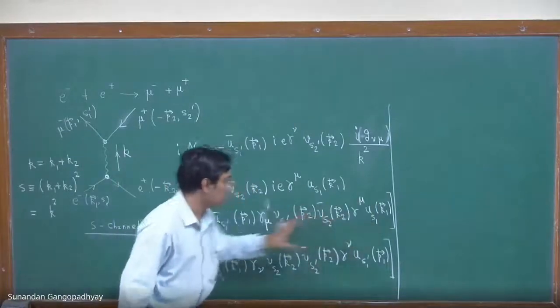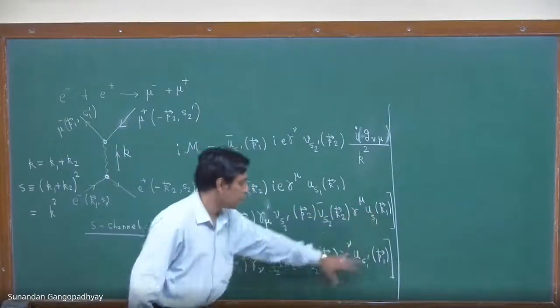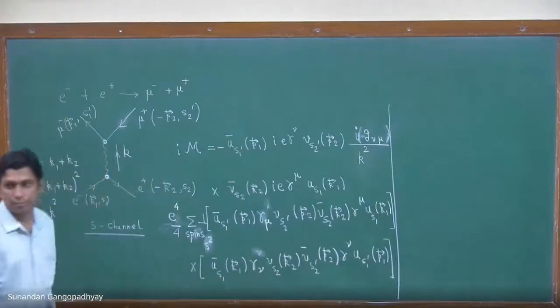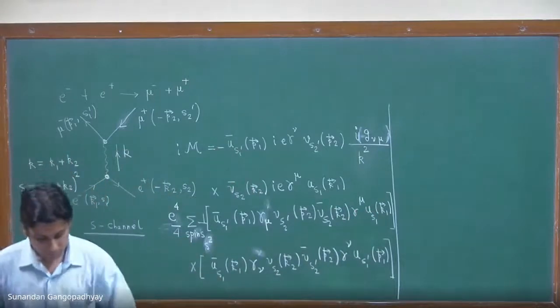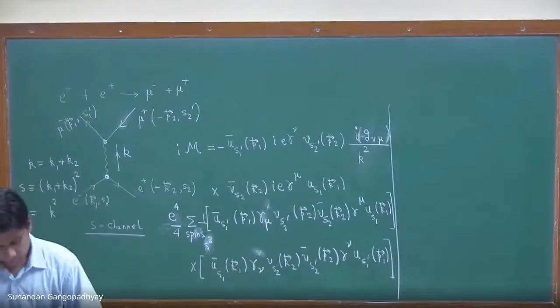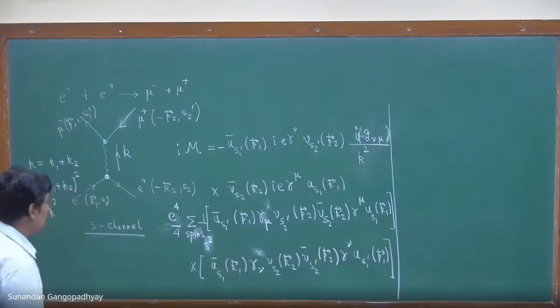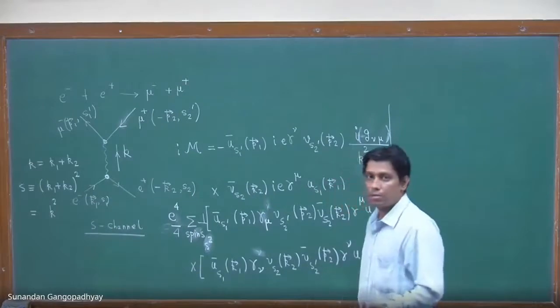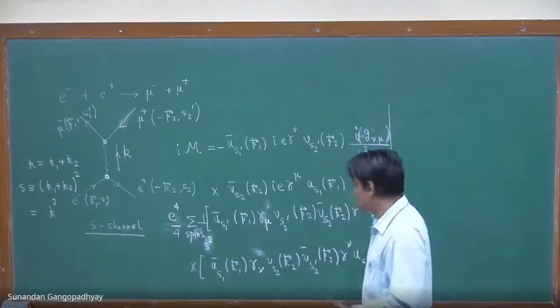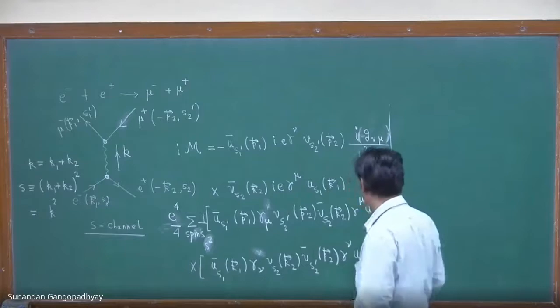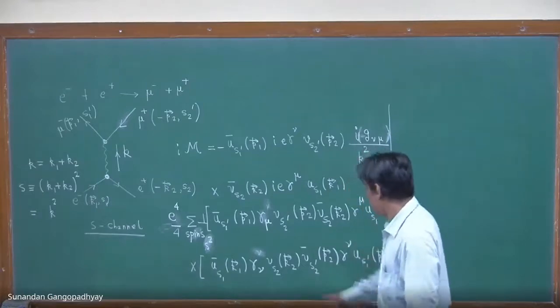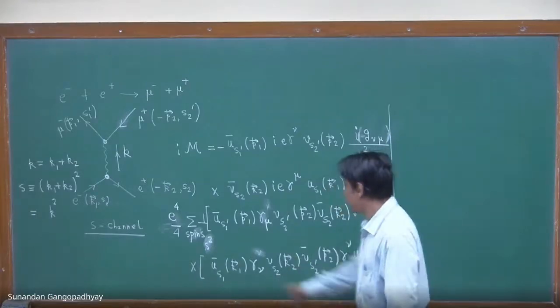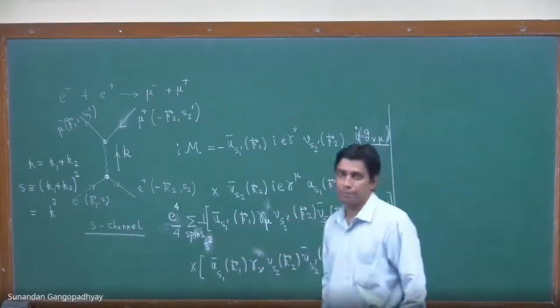I wrote it down over here, and then I took the complex conjugate of that. So now you can see that there are summations over 4 spin states, S1, S2, S1 prime and S2 prime.